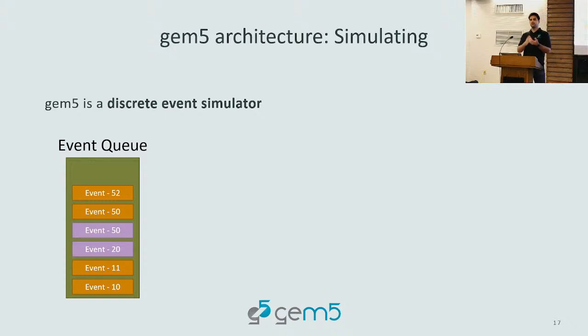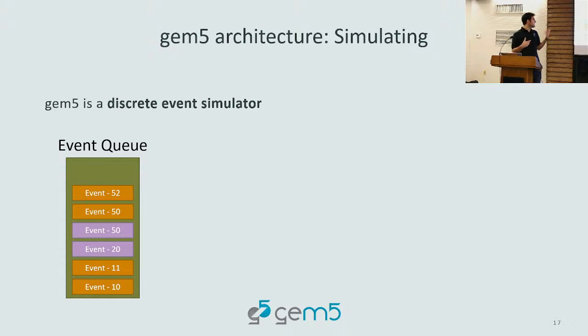The simulator is going to move time, and you can tell the simulator through events when in the simulator time to call specific functions. That is not the only thing that events do, but that is one of the main things that they do.